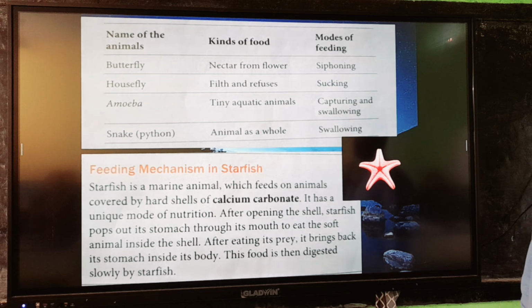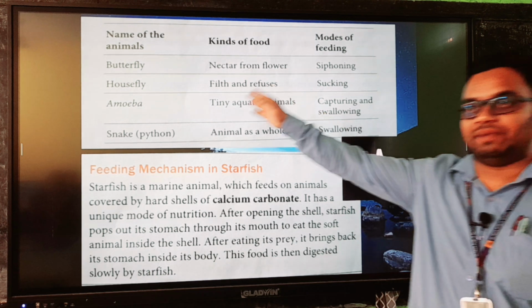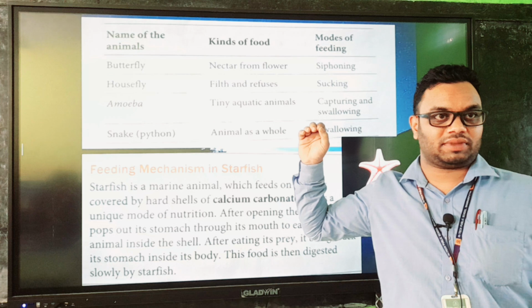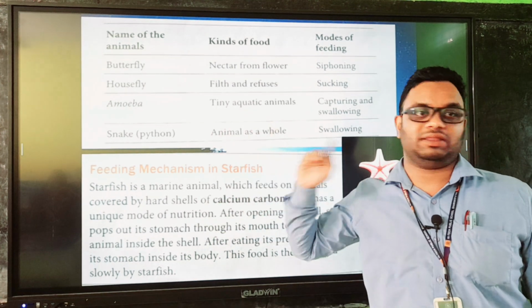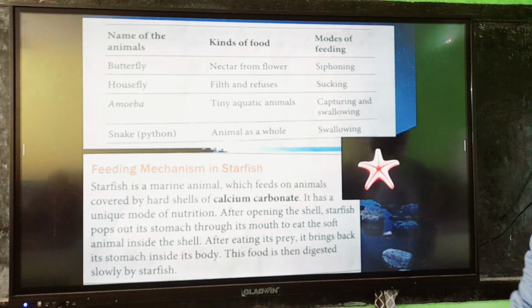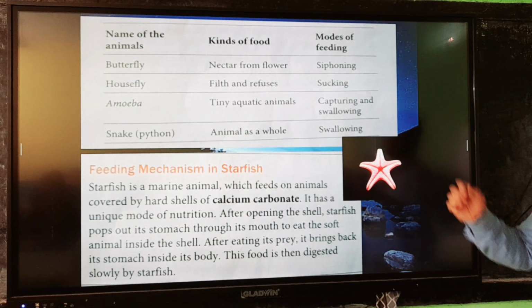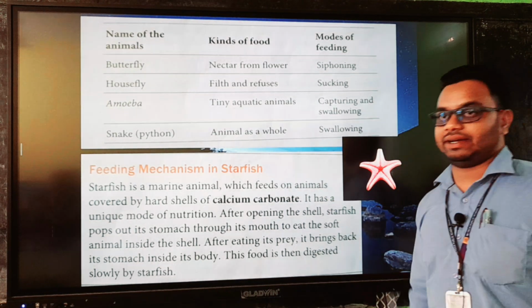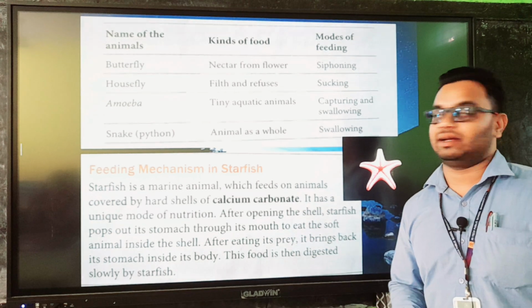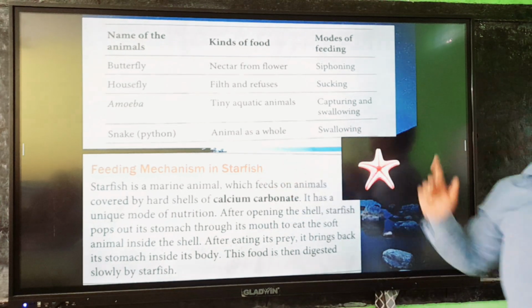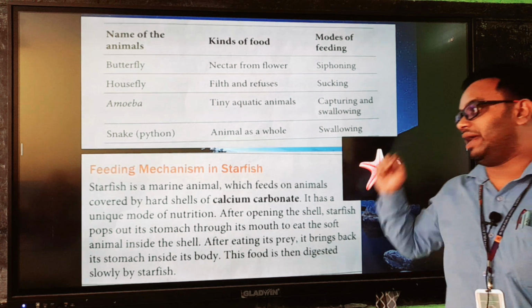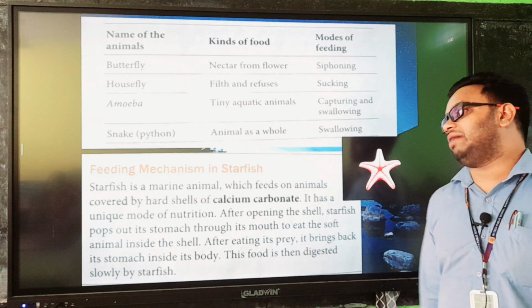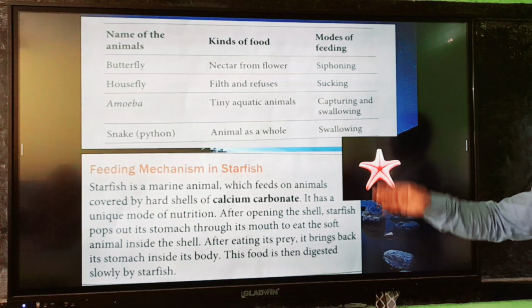Amoeba is a microscopic animal, very small, and this small animal will eat another small animal which is smaller than this animal. Tiny aquatic animal, capturing and swallowing. Then snake, python snake, swallows the animal as a whole. Python swallows or not? And by swallowing, then feeding mechanism in starfish.